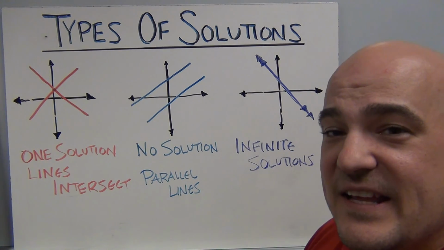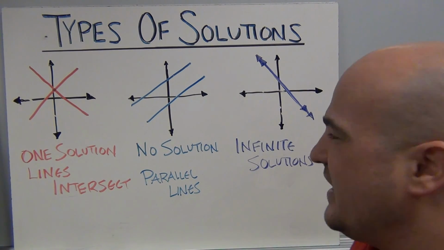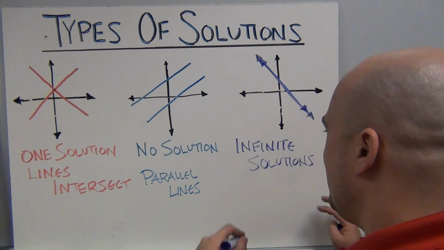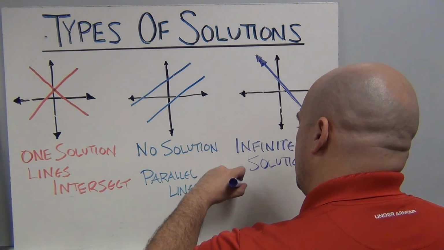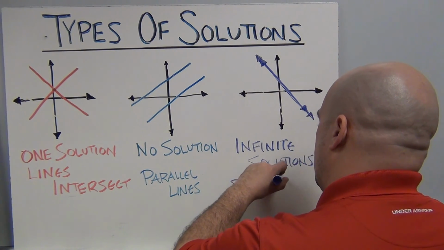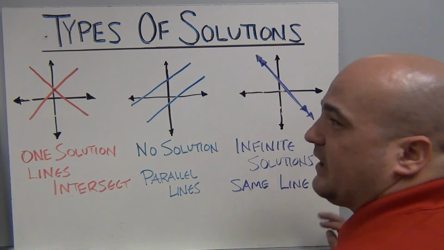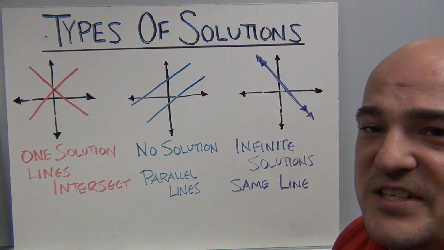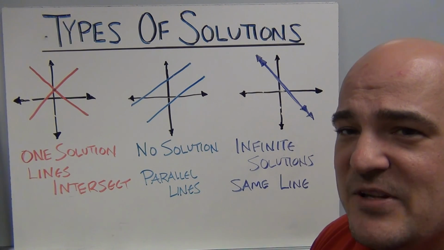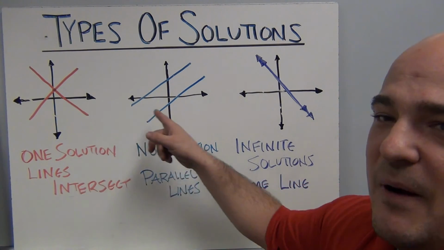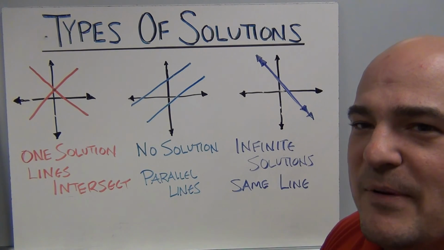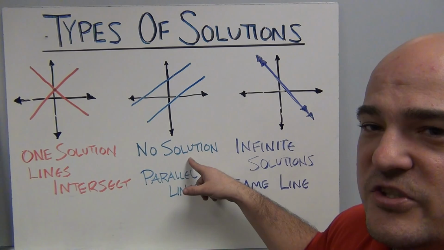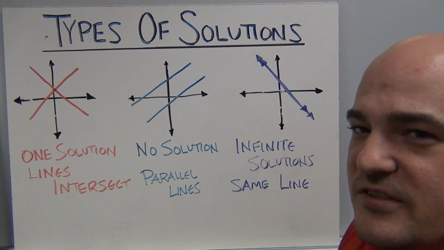That's what happens when both of the equations are the same: same line or same equation, one line right on top of the other, means infinite solutions. So those are the three possible outcomes. We could have one solution, no solutions, or infinite solutions.